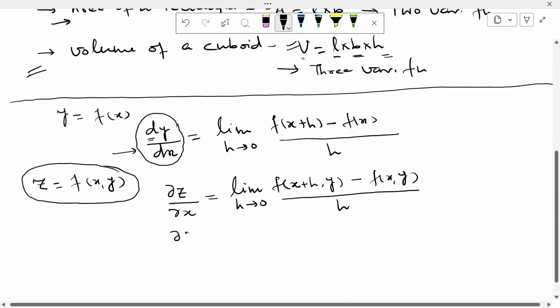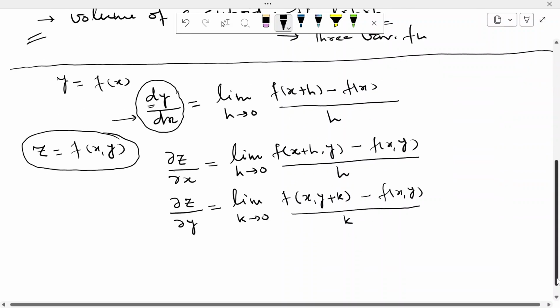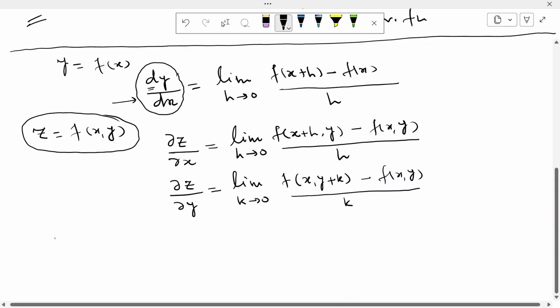Similarly, if you have to find the partial derivative of z with respect to y, this will be limit k tends to 0 of f(x, y+k) minus f(x, y) over k. Because we are differentiating with respect to y, we are giving this increment only in y and keeping our x fixed. So the first limit gives us the partial derivative of z with respect to x, while the second limit gives us the partial derivative of z with respect to y.